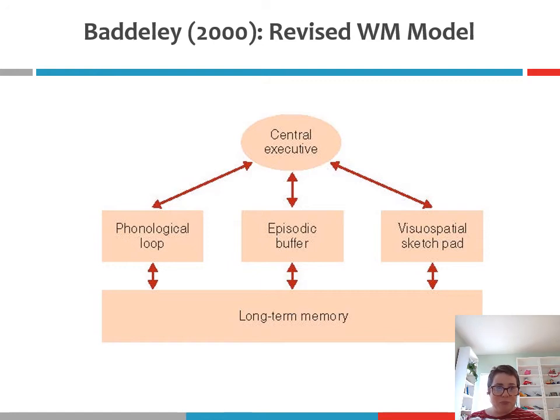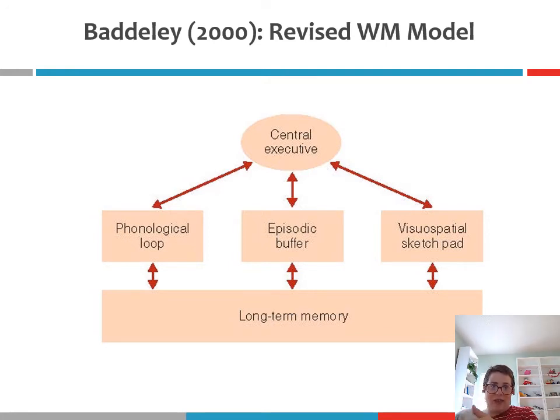Okay? So what I want to focus on in this slide is revisions that have been made to Baddeley's original three-component model.